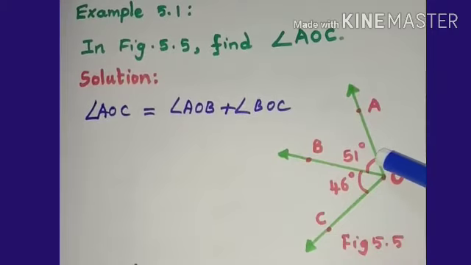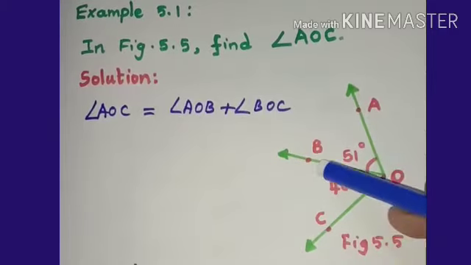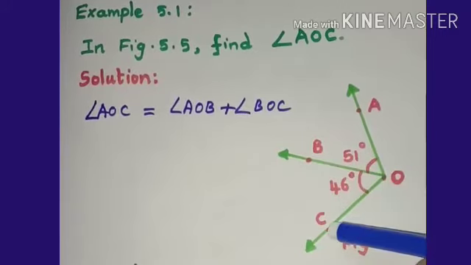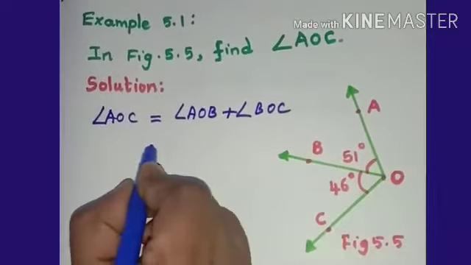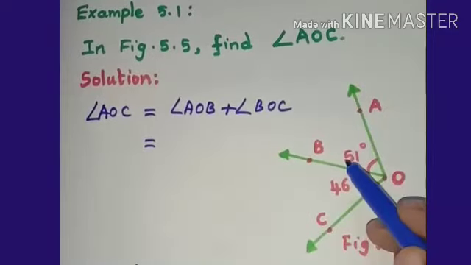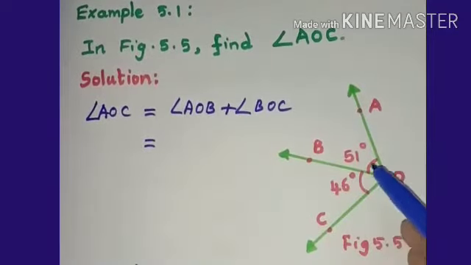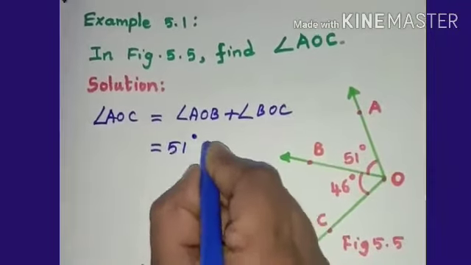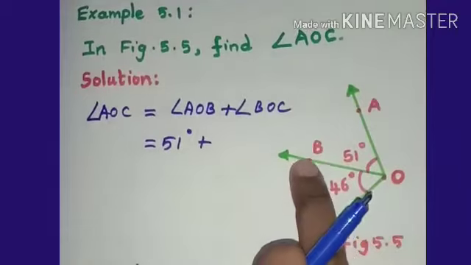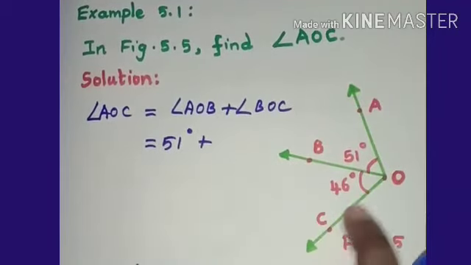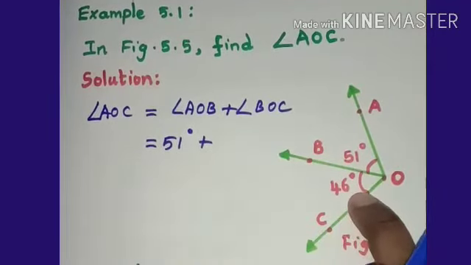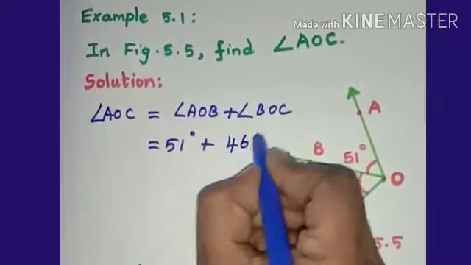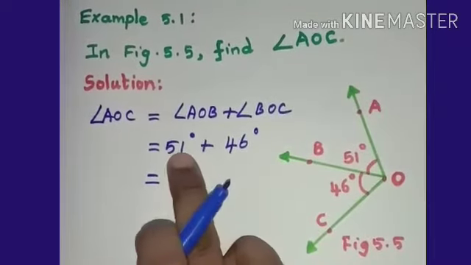We know that angle AOB is 51 degrees and angle BOC is 46 degrees.